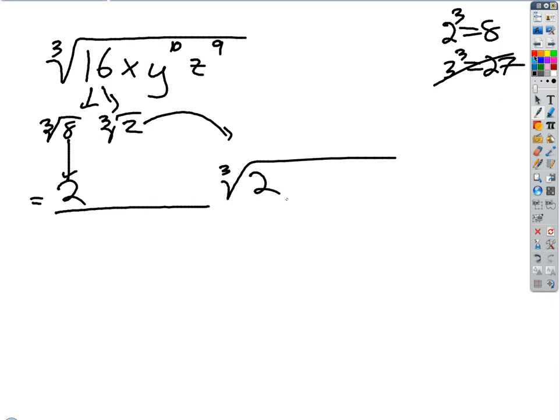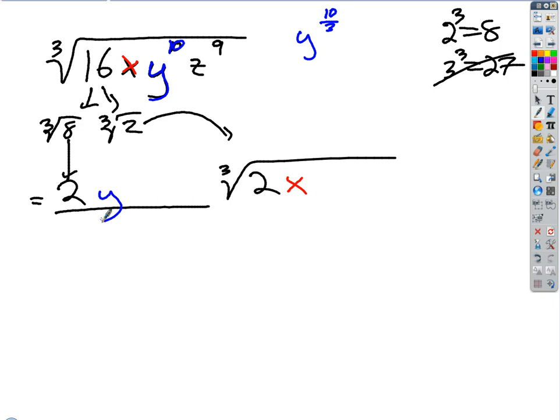Okay, what about the x's? I've got an x to the 1/3. So where does that stay? Yeah, it's got x inside, right? Okay, I've got y to the 10th, so that becomes the fraction y to the 10/3 as a mixed number.